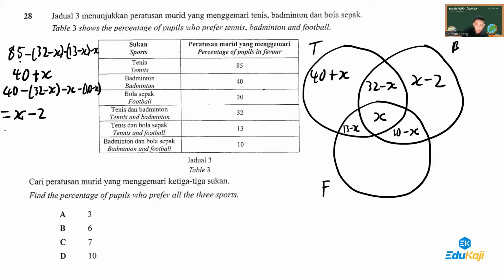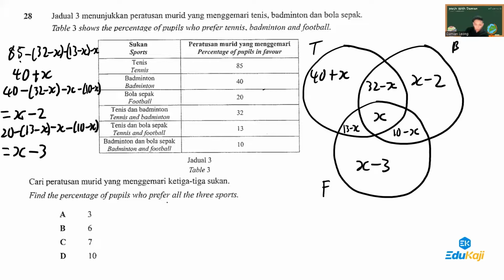For football is 20. 20 minus the 13 minus x minus 10 minus x. Again, it will be just x. 20 minus 13 minus 10, negative 3. So x minus 3. So when I add up all these together, should be equals to 100% because total must be 100%.